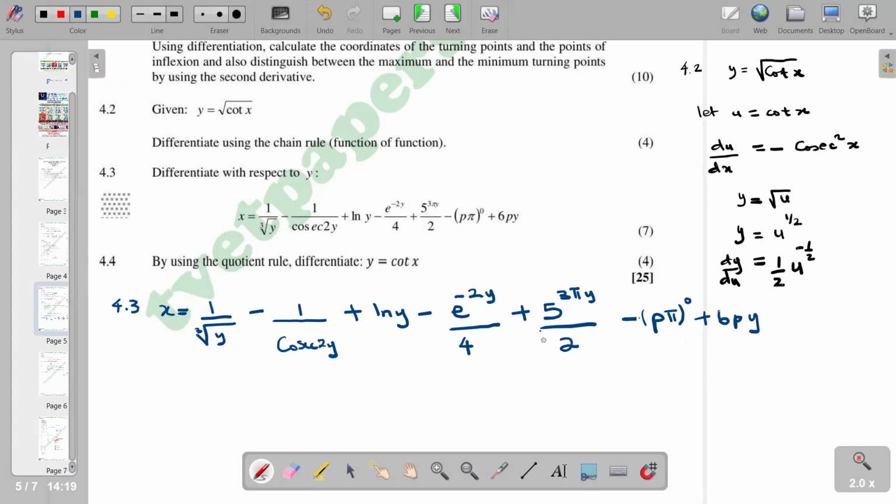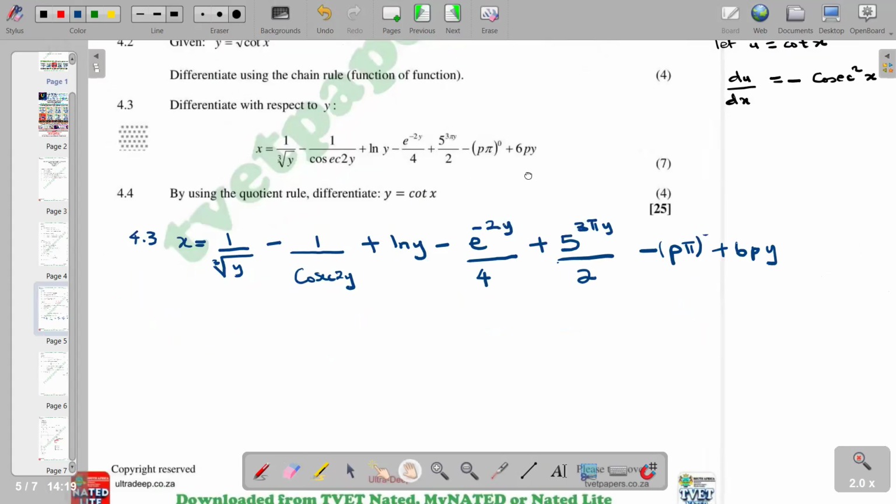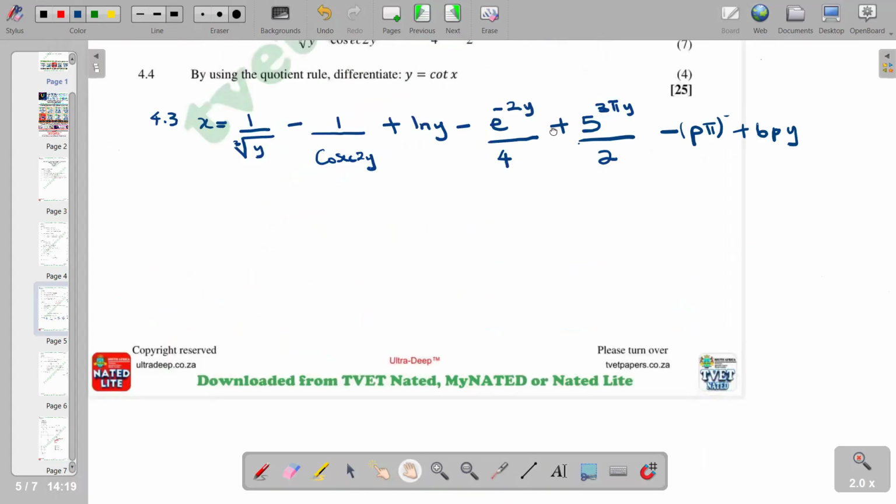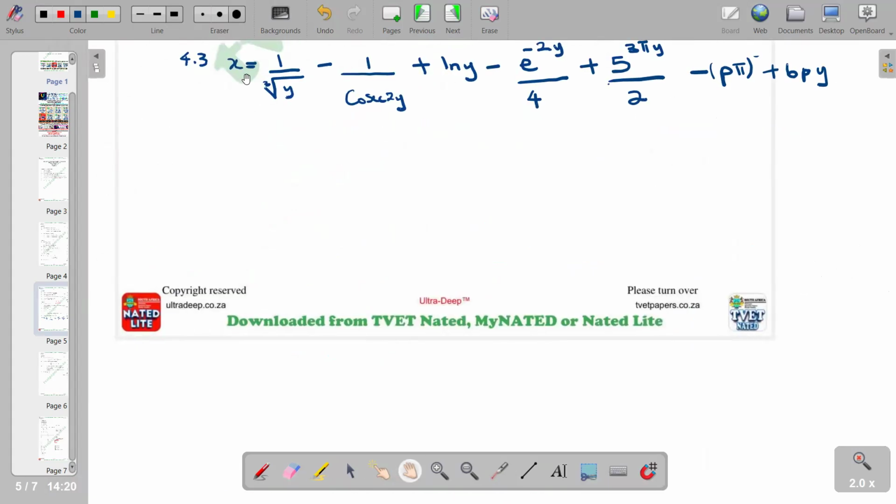So we are required to differentiate that with respect to y. To differentiate that, we have to make sure that each and every term is already in a form that it can be differentiated. So we check term by term. Can we differentiate this? We can't.